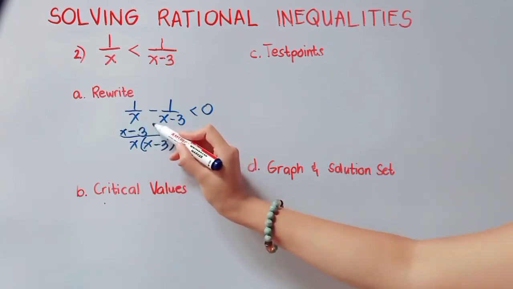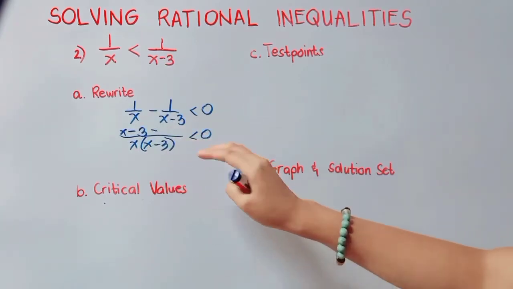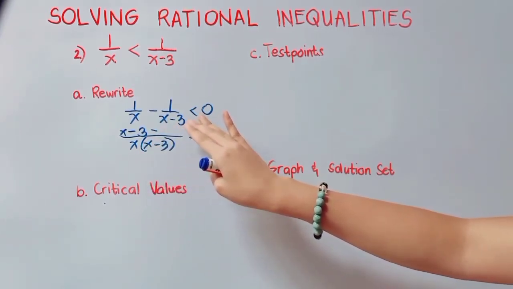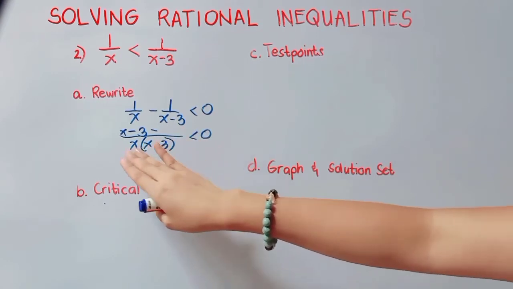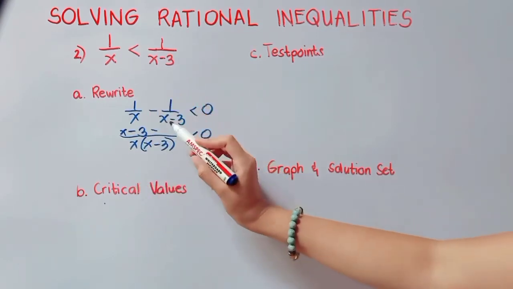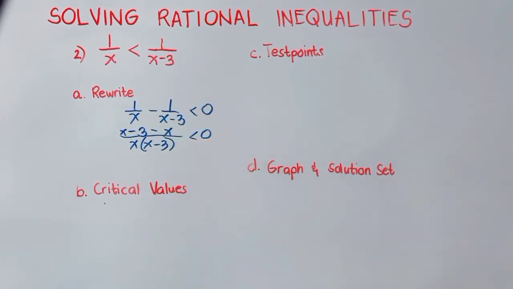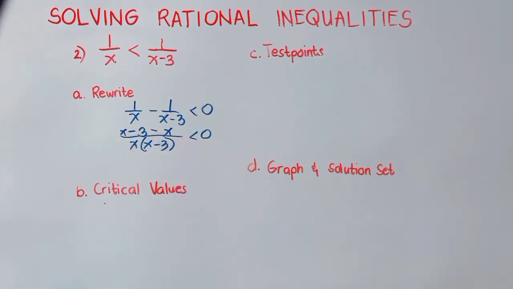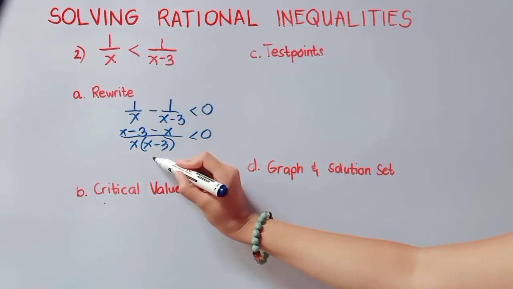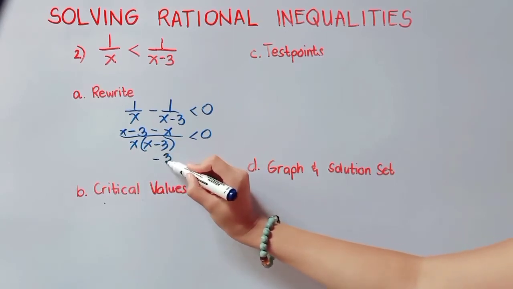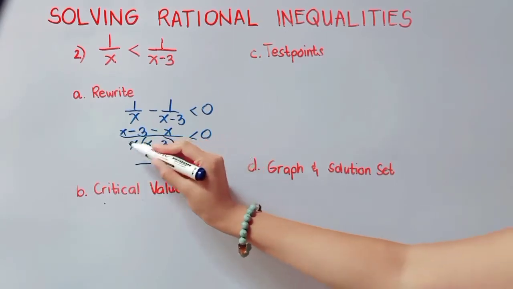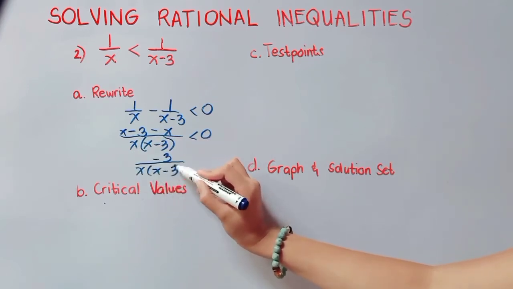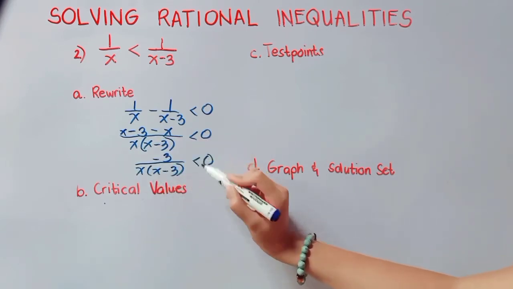And then, the next rational expression, we have the LCD divided by the denominator. The quantity x minus 3 will be cancelled, so what's left is x times 1. It will result to x. Now, we can still simplify here, x minus x is 0, so what's left is negative 3 all over. We'll just have to copy our LCD and then copy less than 0.